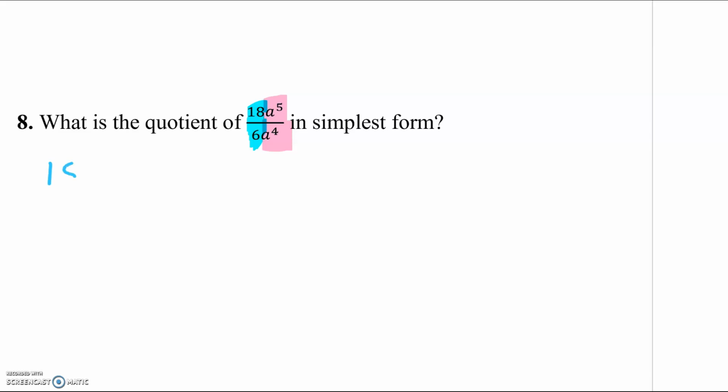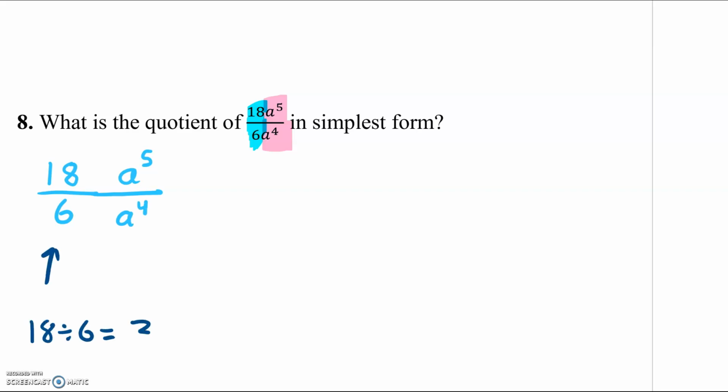So 18 over 6, and then a to the 5th and a to the 4th. So the numbers can just divide, right? 18 divided by 6 gives us 3. So I'm going to just get an answer of 3 for that piece.